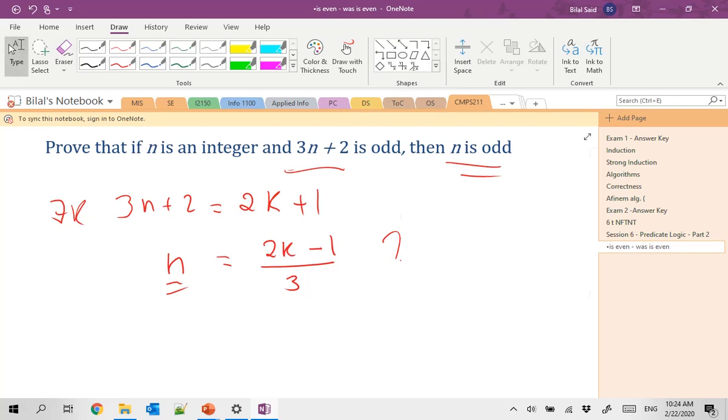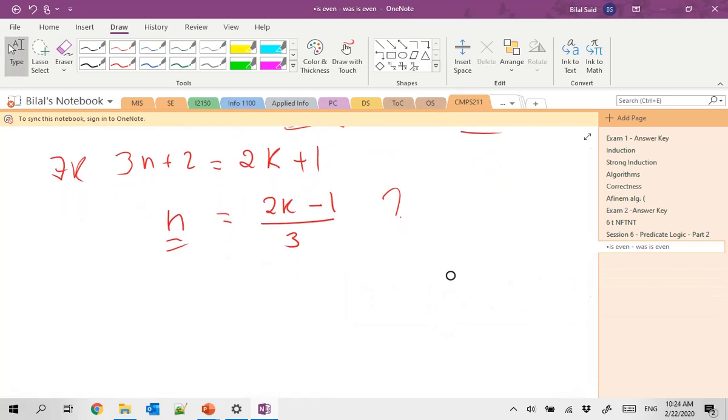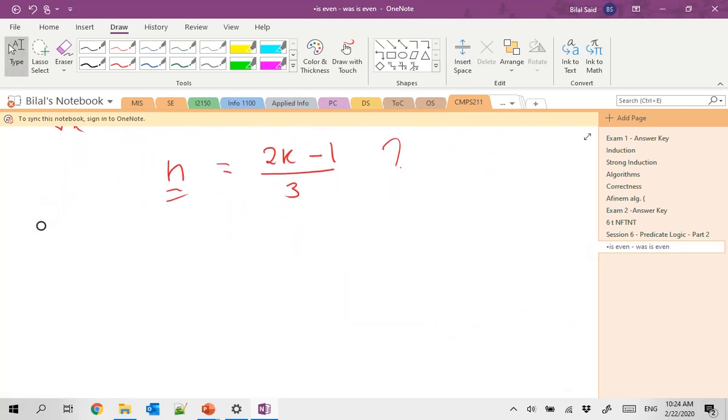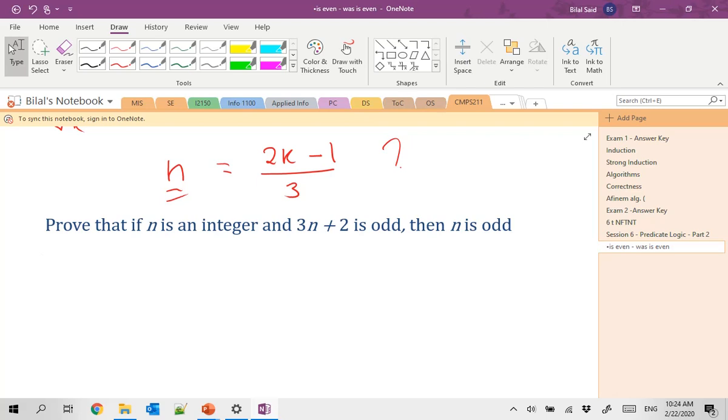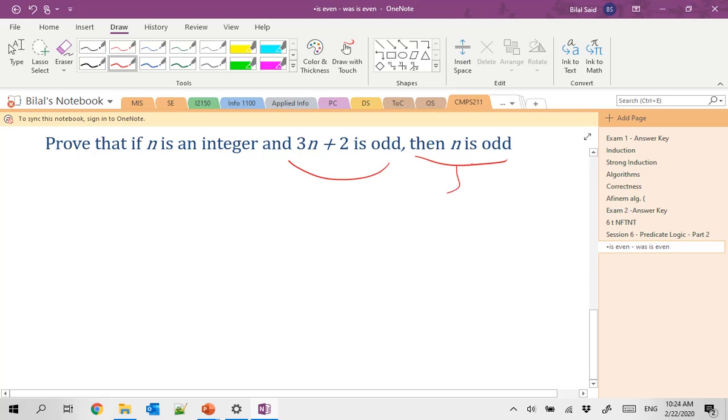So let's try to prove it by contraposition. In this case, we have to consider the negation of the conclusion and do a direct proof to reach the negation of the hypothesis. What does it mean?